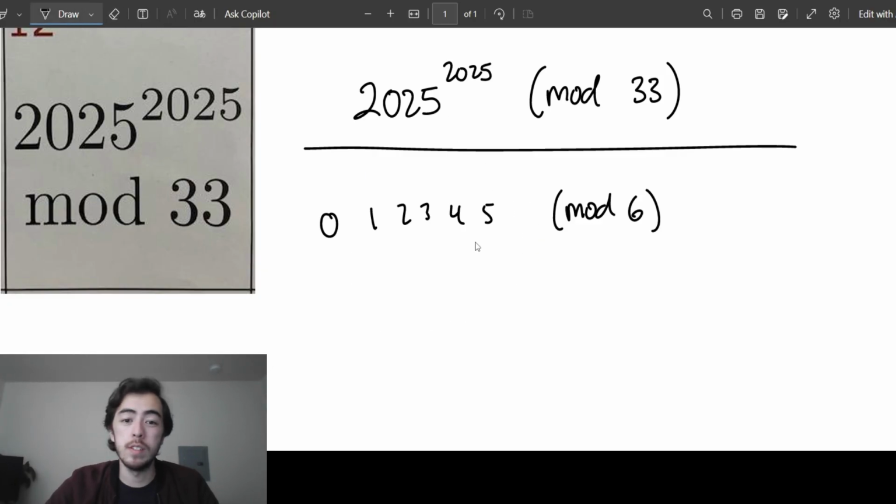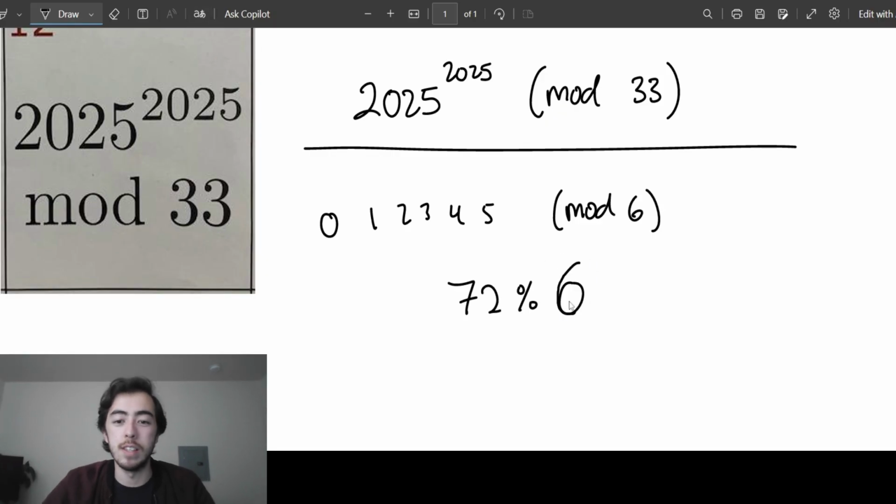Another way to think about this is that we are essentially doing the modulo operator, where the modulo operator takes the remainder after division. So here I know that 6 divides 72 evenly, so the remainder after division is 0.